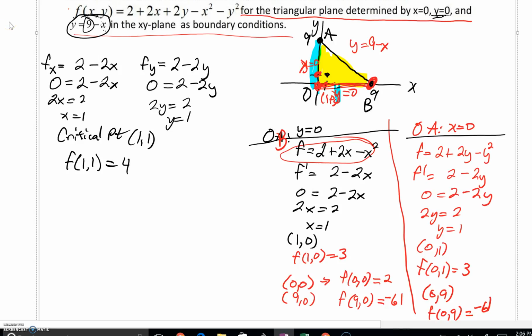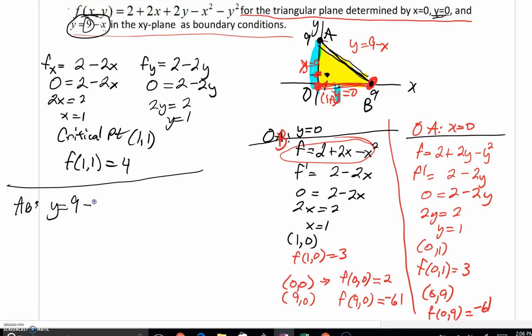Wrapping up this video on 14.7 day 3, we have one last boundary to check, and that's this diagonal, or I should say the hypotenuse of this right triangle, segment AB. As we look at segment AB, we are really looking at the equation y equals 9 minus x.